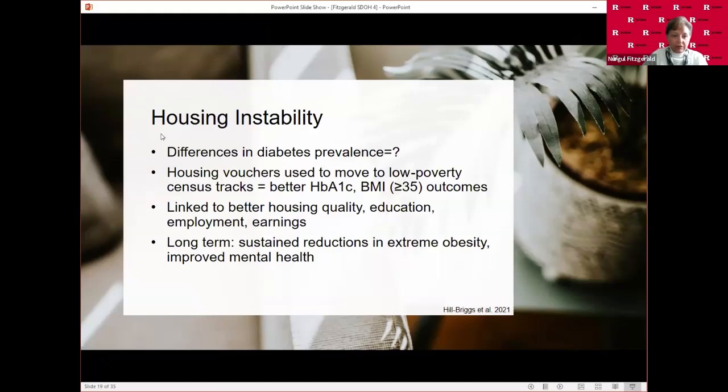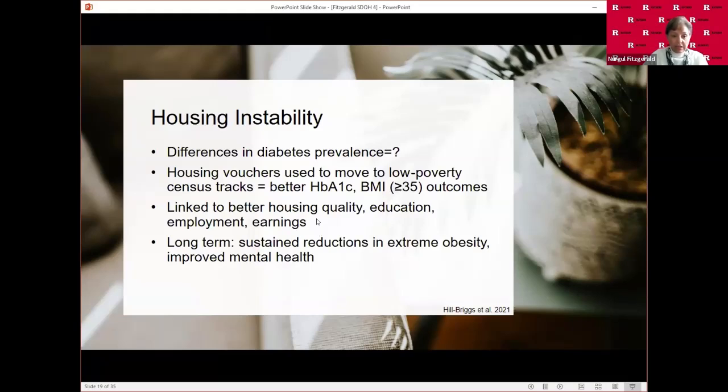So interestingly, they found that vouchers that could only be used in better neighborhoods led to better control of blood glucose, measured by glycosylated hemoglobin, and actually better outcomes in terms of excessive body weight, a BMI of 35 or more.